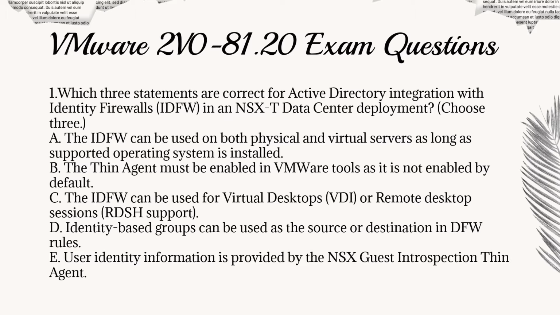C. The IDFW can be used for virtual desktops, VDI, or remote desktop sessions, RDSH support. D. Identity-based groups can be used as the source or destination in DFW rules. E. User identity information is provided by the NSX guest introspection thin agent.